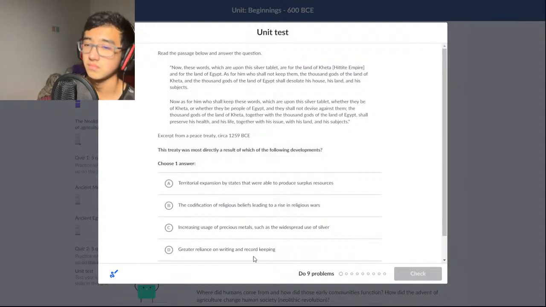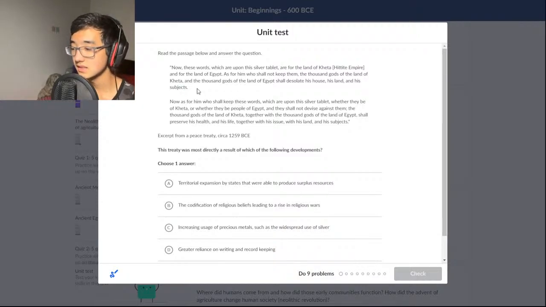I think D and A, because of their reliance on writing and record keeping, they had to keep a record of the treaty so that they can remember the peace. So it could be D, but it could also be A. Oh, okay.